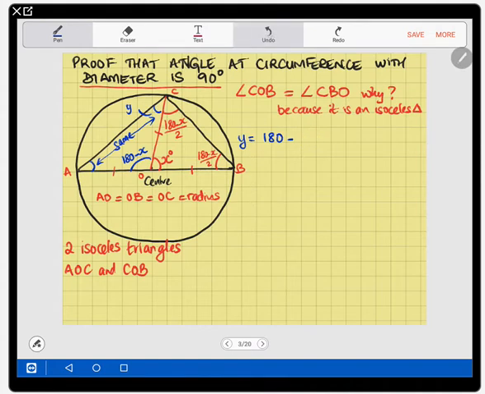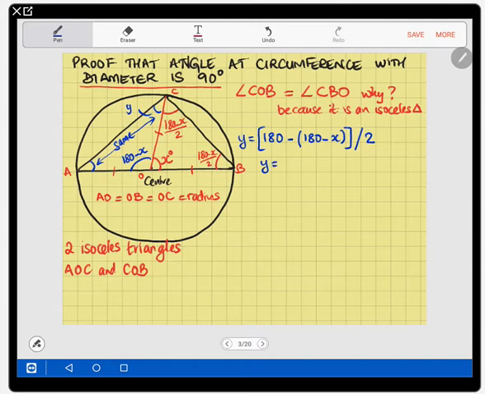Y will be 180 minus, upper bracket here, 180 minus x, right? The whole lot, I divide by 2. Okay? When you do that, you open the brackets. Y will be what?